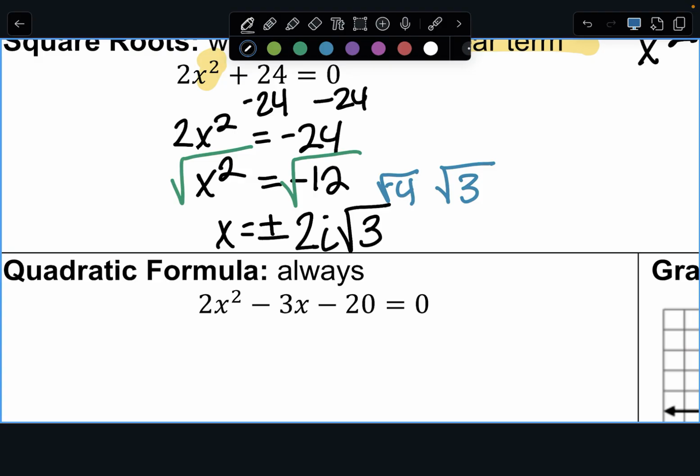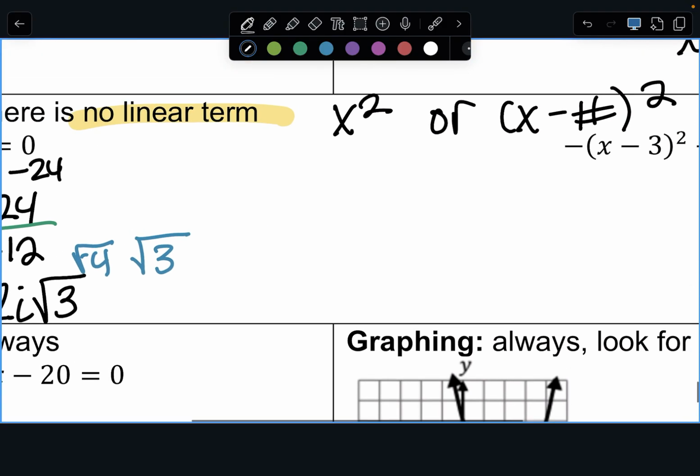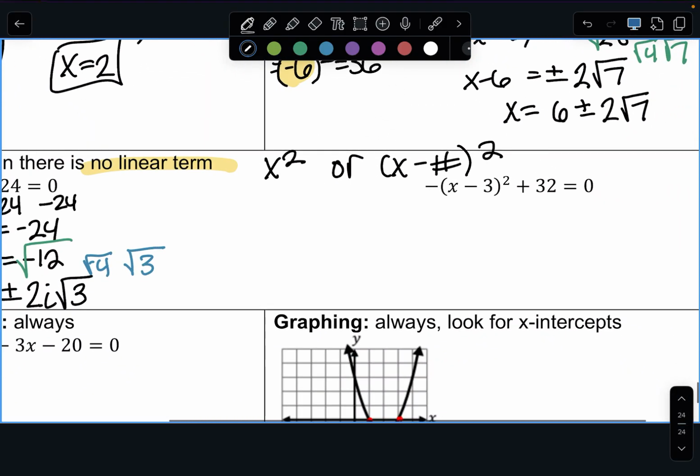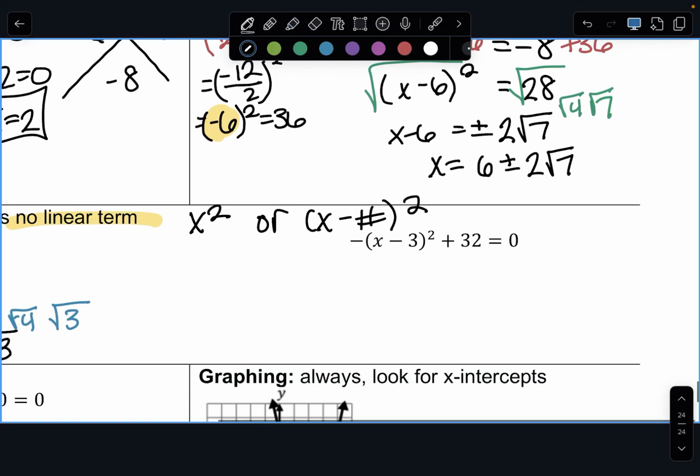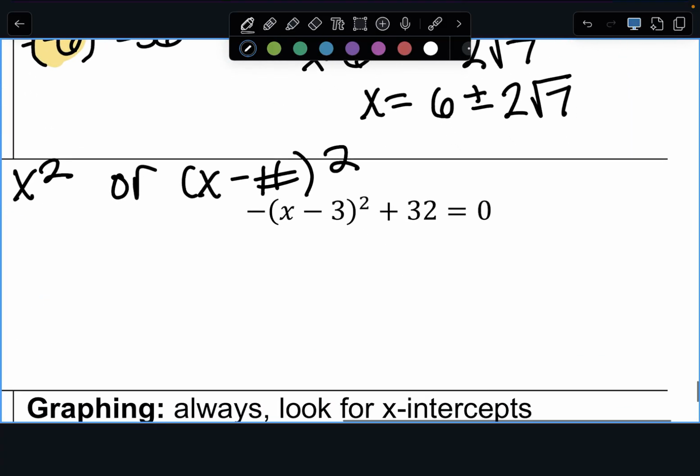Questions on that one? Next one, so this is the second case where it's like x minus a number squared. Essentially, we're going to do the same thing that we did when we completed the square. Isolate it, take the square root, and then do your plus and minus. So if I need to isolate this x minus 3 squared, what should I move over first?